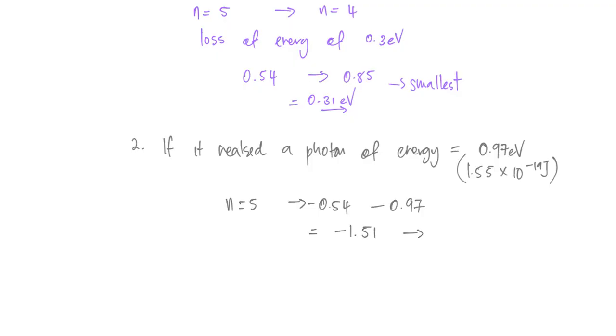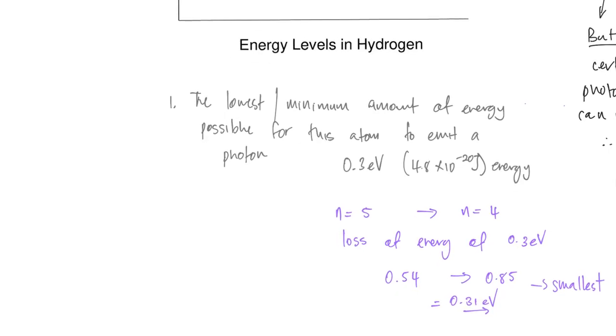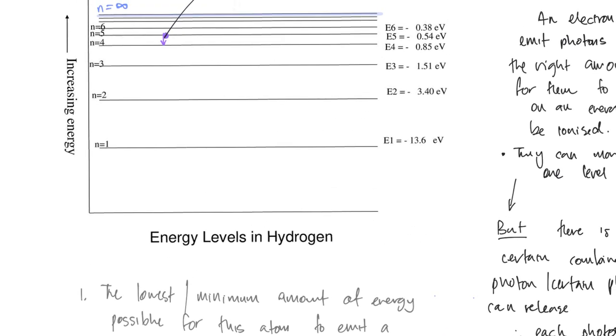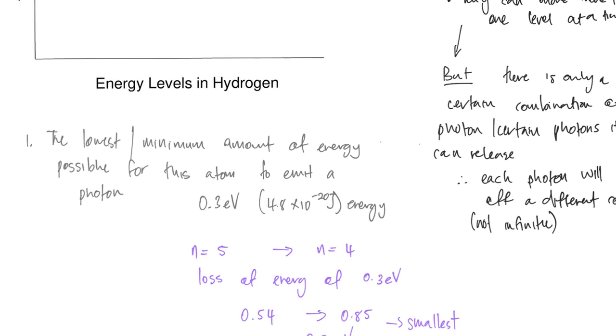Now, if I look at negative 1.51, that corresponds here to N3. So now my electron has moved this distance, and it's released 0.97 electron volts to reach N3.